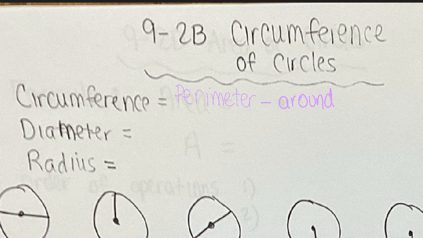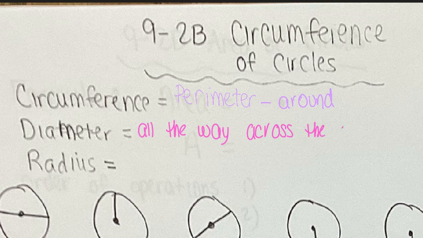Okay, we've got two more vocabulary words here: diameter and radius. A diameter is all the way across the circle. It has to go through the center, but it goes all the way across, left to right, top to bottom, one side to the other side. But the radius only goes halfway across.